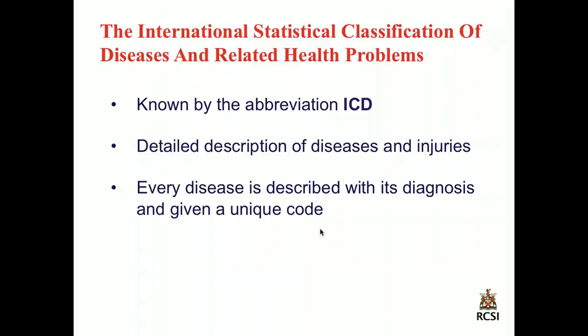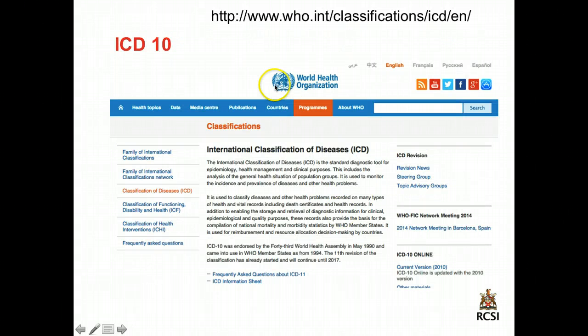And to do that, we use something called the International Classification of Diseases and Health-Related Problems, abbreviated to ICD-10. This gives us detailed descriptions of diseases and or injuries. Every disease is described with its diagnosis and a unique code. This information is freely available here.